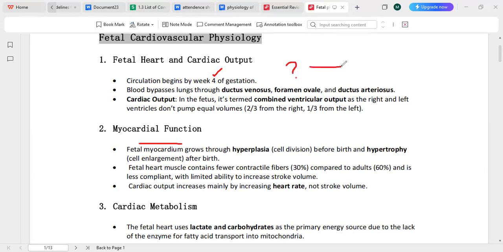Is this CNS? Is this CVS? Is this any other system, renal or respiratory? Can you answer this question? Good. This is CVS. So the first system to begin in a fetus is this.